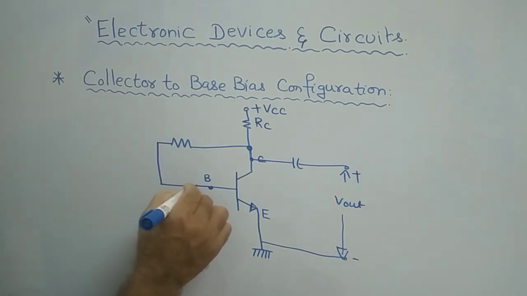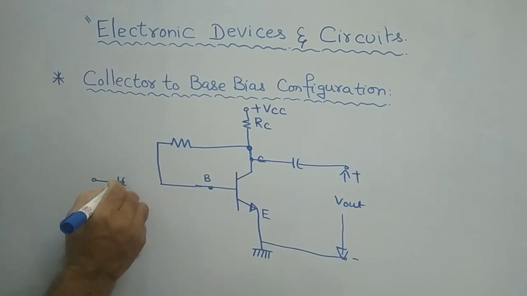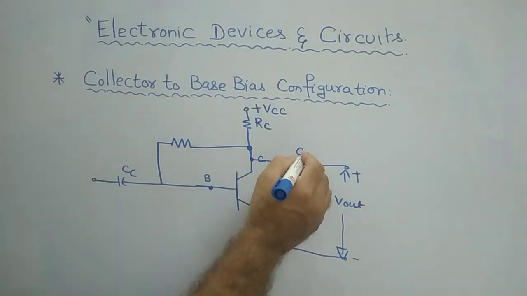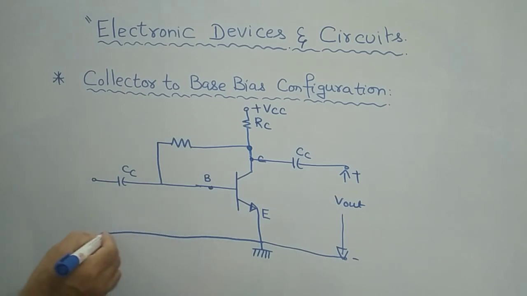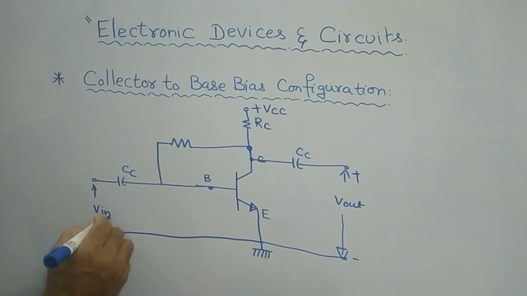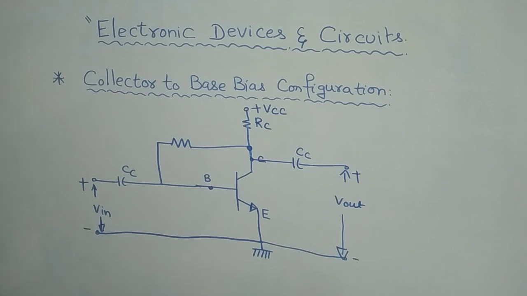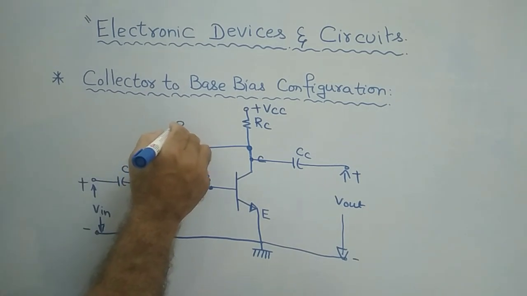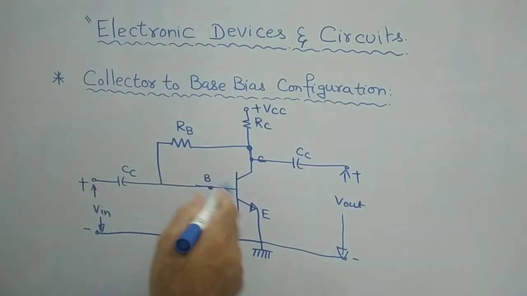Here the input is applied through coupling capacitors. With respect to the emitter, between the base and the input, the input V in is applied. This base resistor is also called RB. This is a very simple circuit.